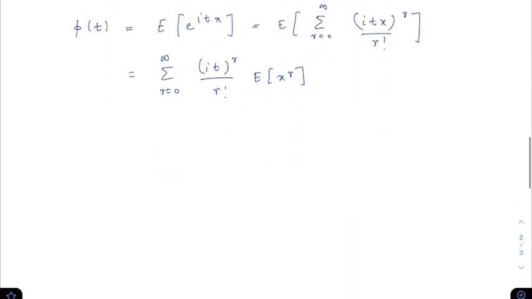Another application of the characteristic function is to find the probability density function of sums of independent random variables. So if x and y are random variables, then their sum W is also a random variable.